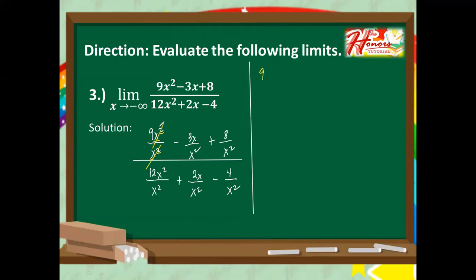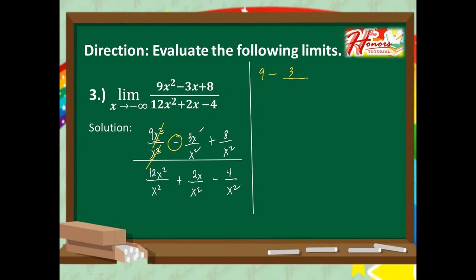It is because in dividing the numerator and denominator, for the variable, you have to subtract the exponents. 2 minus 2 is 0, so therefore we can simply cancel it. And then copy the operation, so minus 3x over x squared. Just copy 3.